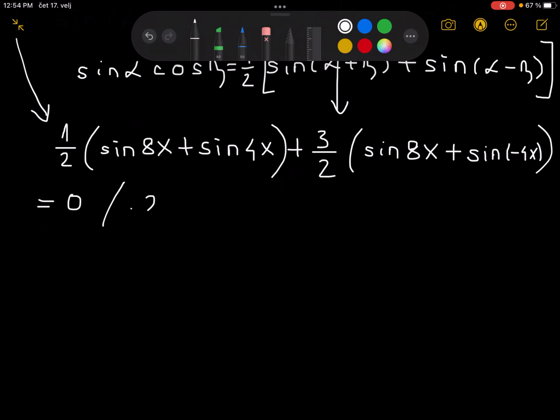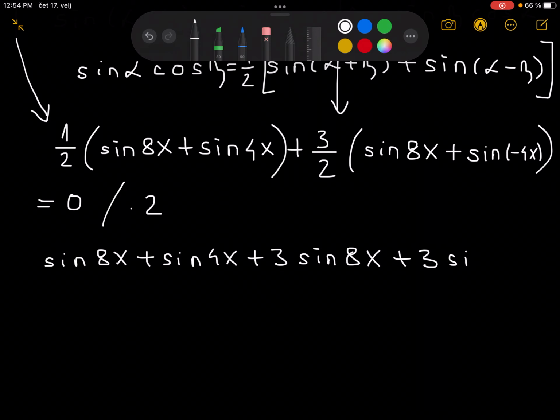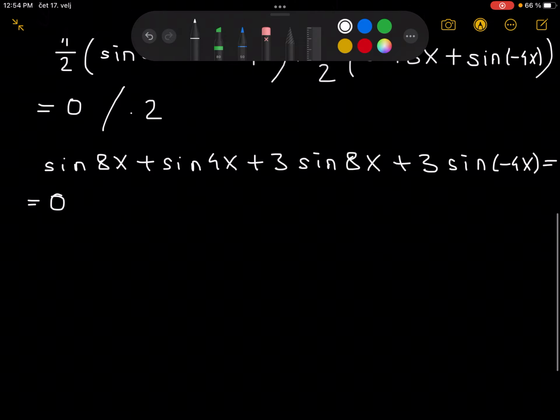I'm going to multiply both sides by 2 to get rid of the parentheses. So sine of 8x plus sine of 4x plus 3 times the sine of 8x plus 3 times the sine of negative 4x is equal to 0. I'm going to go ahead and add up the like terms.